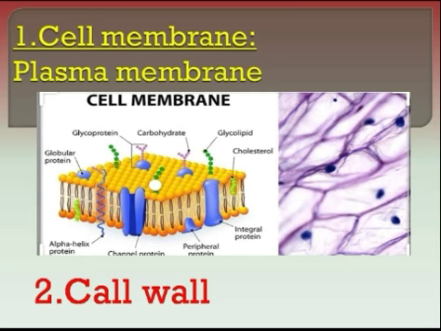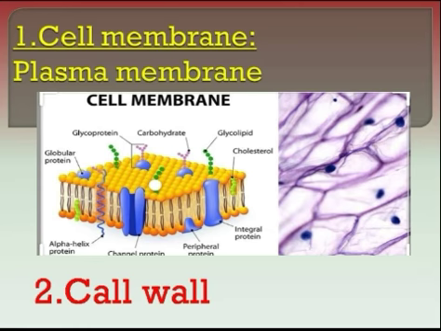Before that we add some saturated solution. To prepare the saturated solution, take 100 ml of water and add salt and stir it well. After that it is converted into saturated solution.